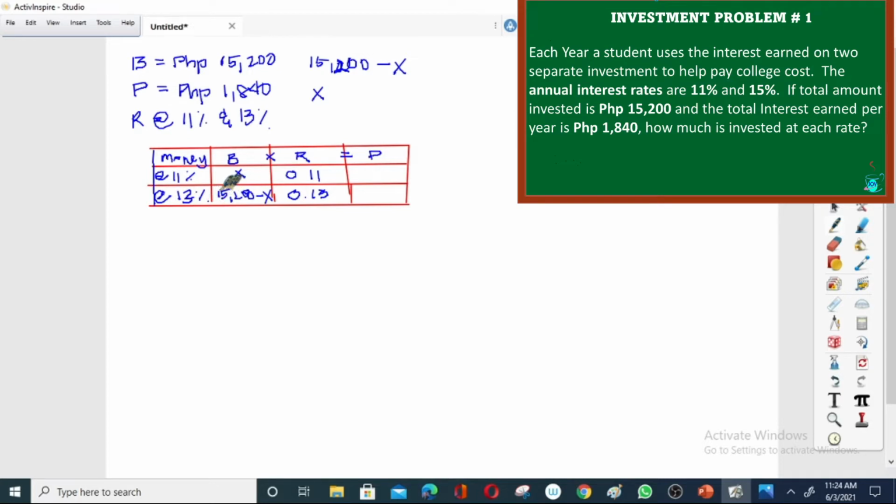So the difference, the remaining, will be the value of X.